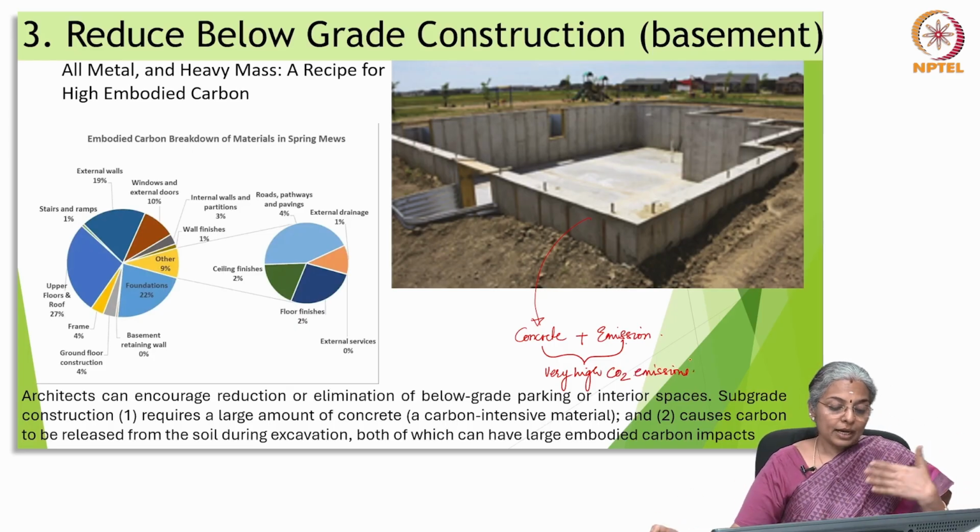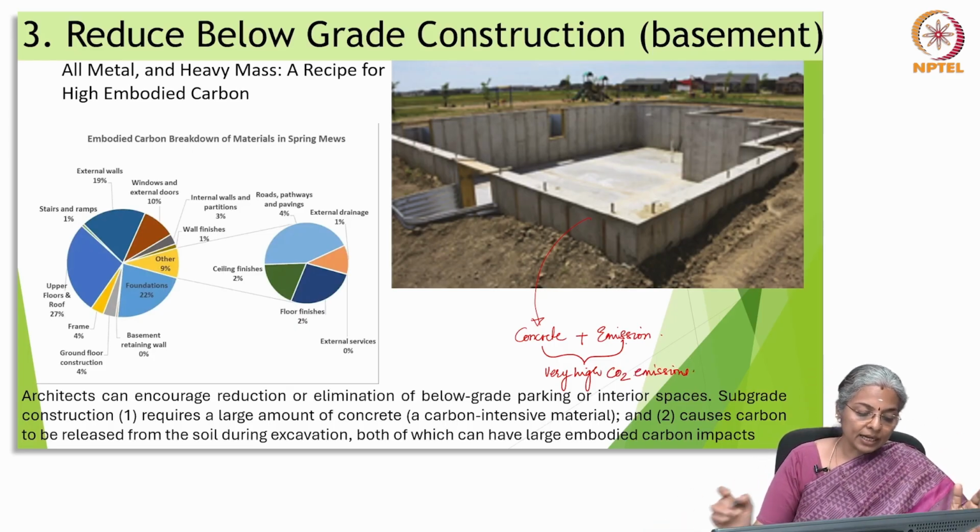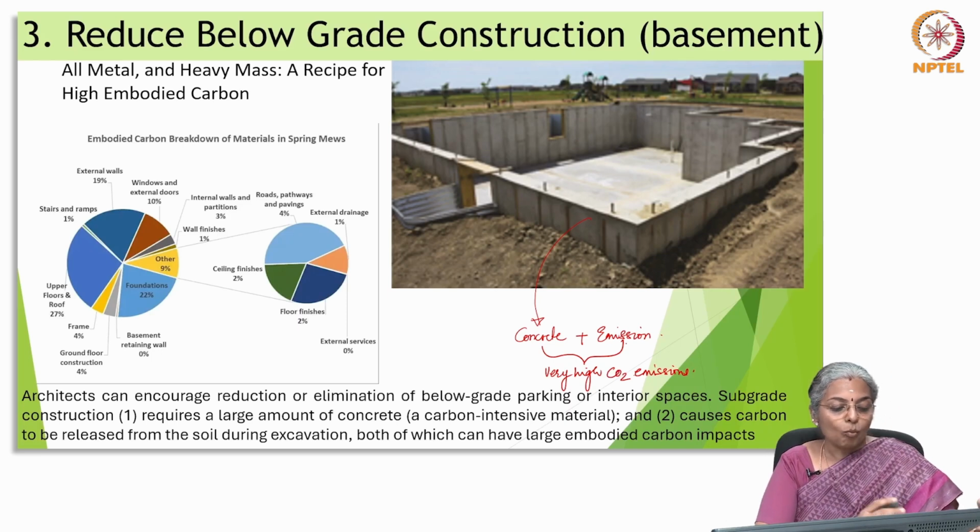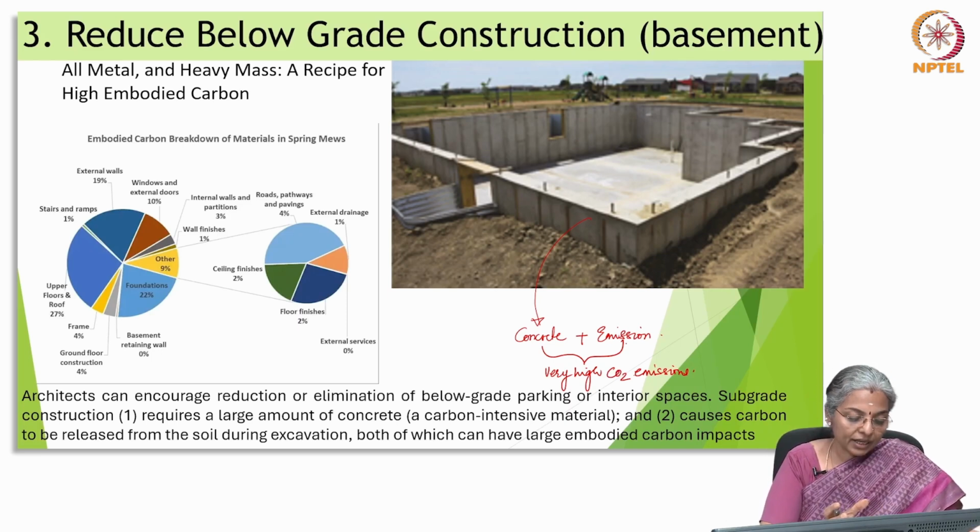If you look at any building, when there is more CO2 emission in any particular component, you will find that most of the time it has something to do with concrete, steel and glass.